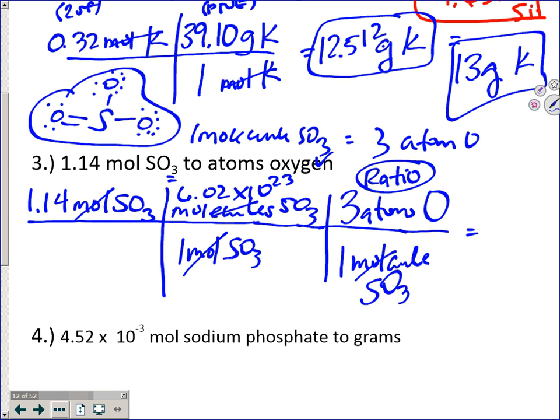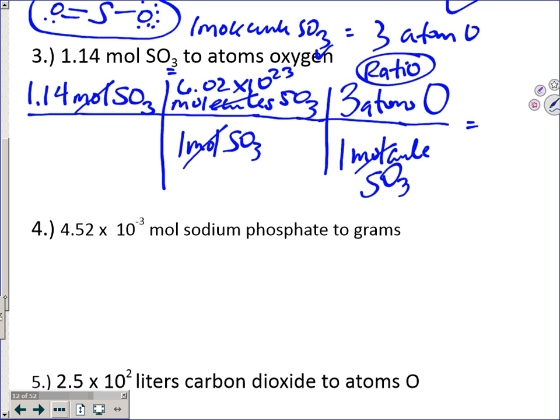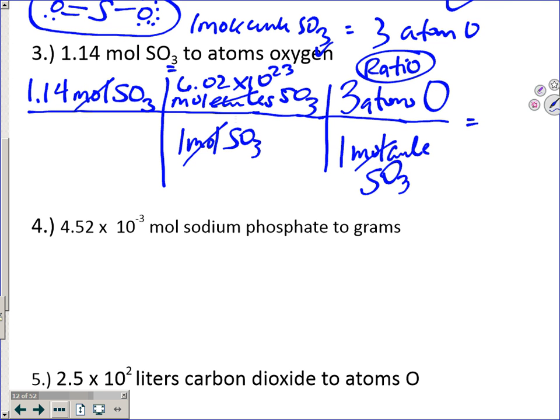Calculate. All the numbers, the top ones multiplying the bottom. So it's a big number. Does it start with a 2?